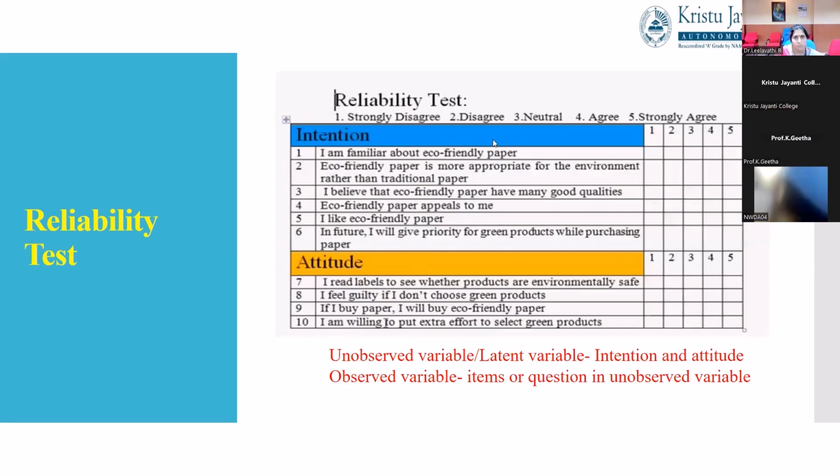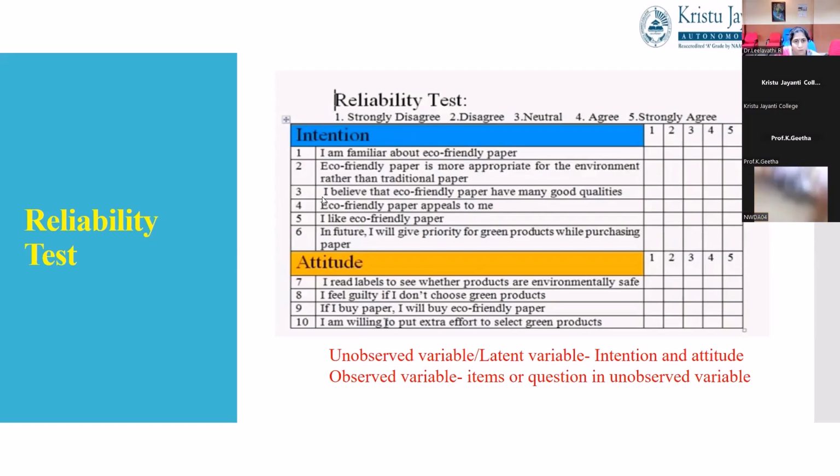For example, here there is a question. To check the reliabilities, I have taken two variables. Intention is a variable, and in intention, 6 items are there. Don't confuse between variables and items. Intention is the variable. Intention and attitudes are said to be unobserved variables.